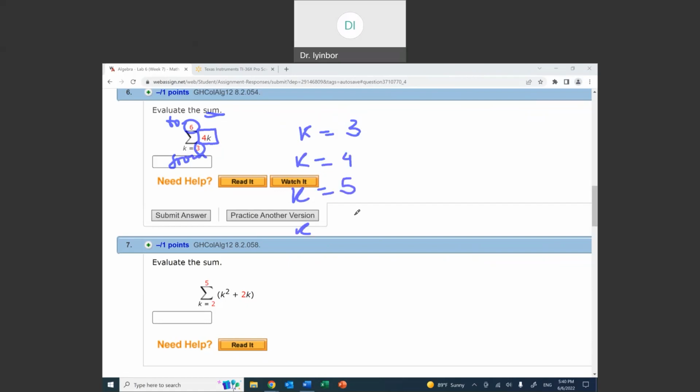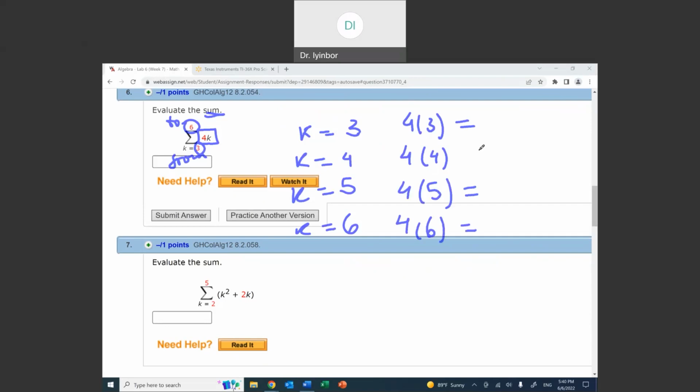So k goes from the bottom to the top number, and the formula is 4k. So it's going to be 4 times 3, 4 times 4, and all the way the same way. 4 times 5, you replace k with the given number. 4 times 6. So that's 12.